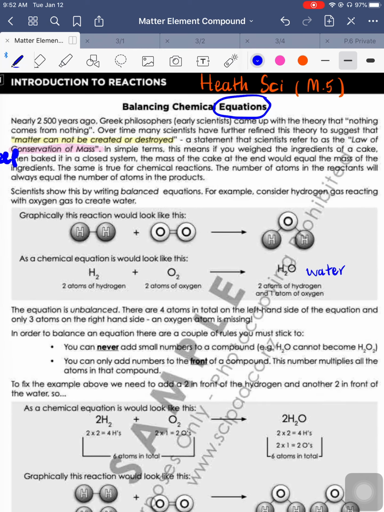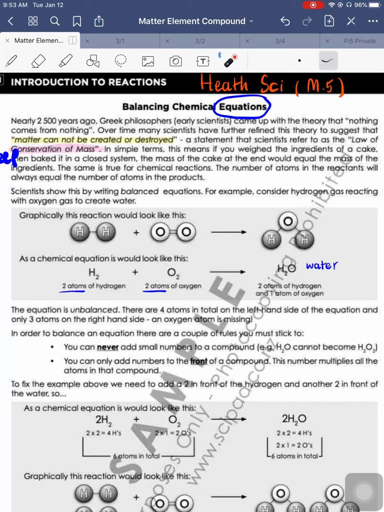How many atoms of hydrogen? Just 2 atoms, right? How many atoms of oxygen gas? Just 2 atoms as well. And let's look at water. How many atoms of hydrogen in a water molecule? Just 2 atoms, and just 1 atom of oxygen.